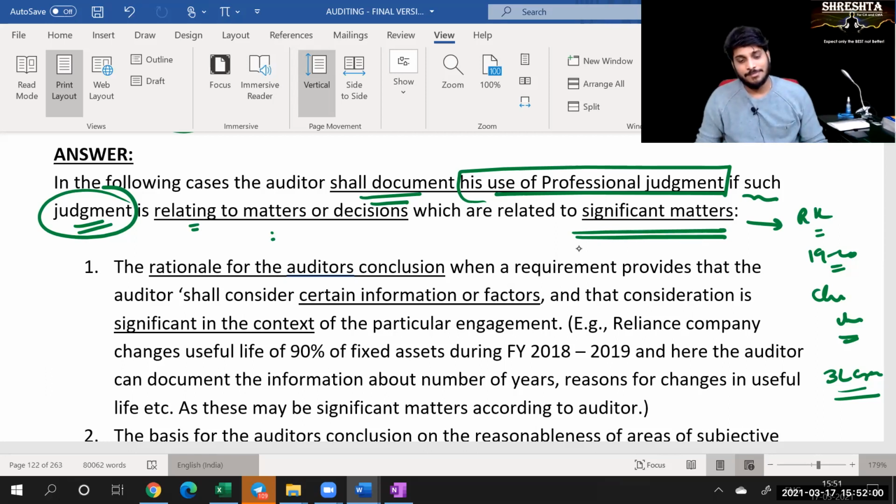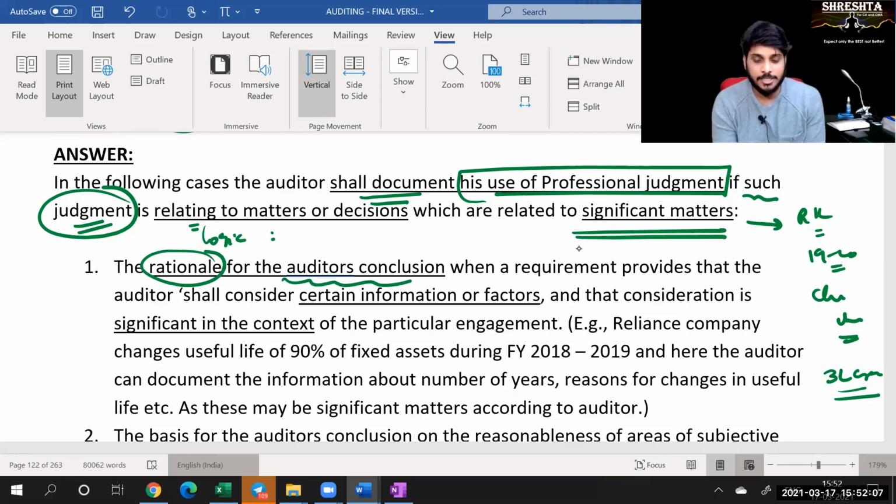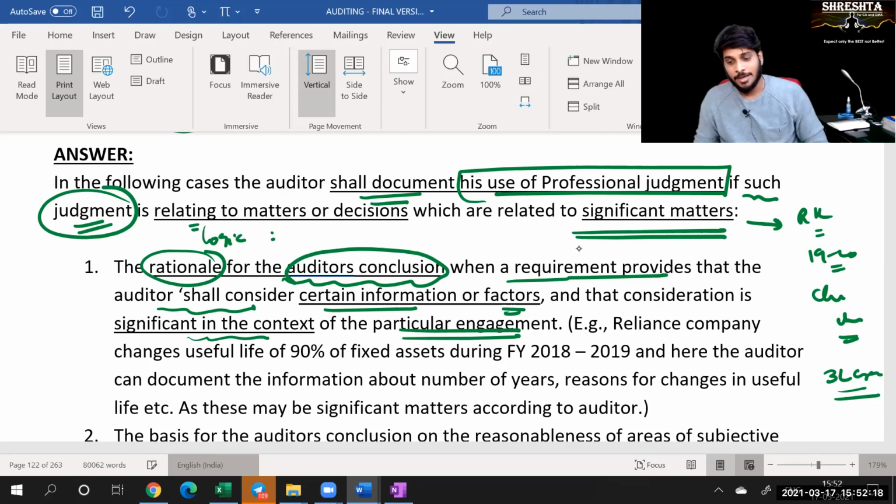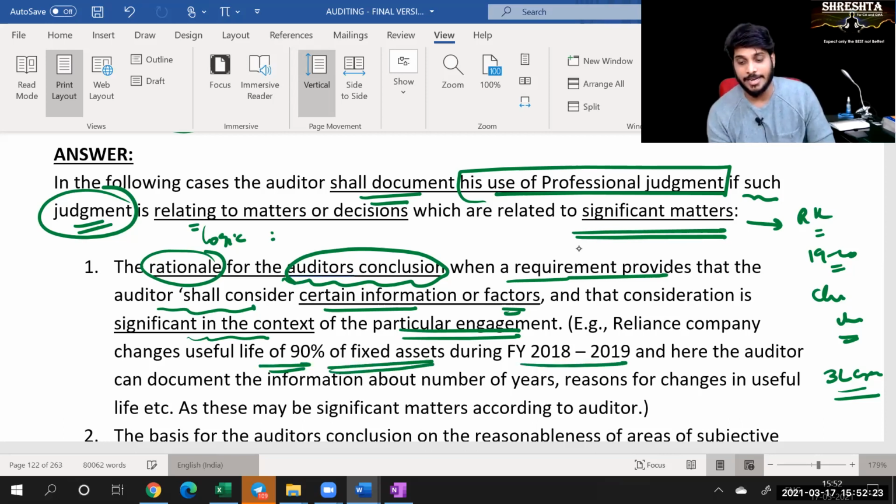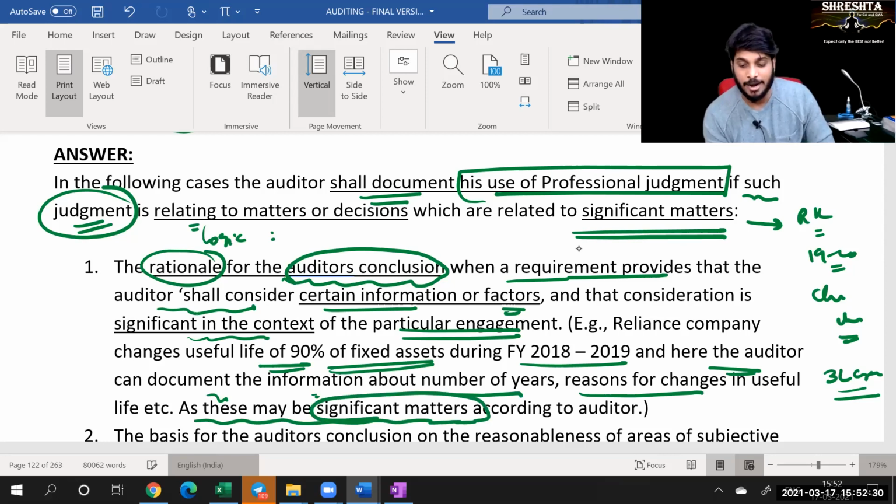First, the auditor has to look at the rationale, the logic for the auditor's conclusion. When a requirement provides that the auditor shall consider certain information or factors, or that the consideration is significant in the context of the particular engagement, say Reliance changes the useful life of 90% of fixed assets, the auditor can document information about the number of years and reasons for changes, as these may be significant matters. I gave an example also.